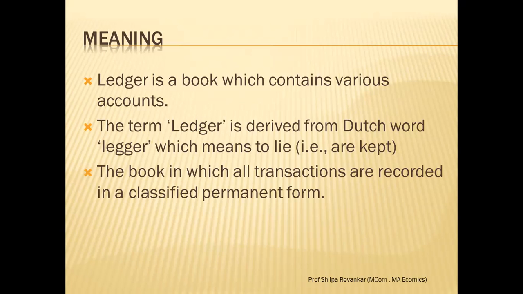Then there may be the different things bought and sold. So bought items will be in one place, sold items will be in one place. So it is a systematic way where all transactions related to a specific account are recorded in detail in a permanent order. Okay. So ledger means legger, which is something which is lying or which is kept.